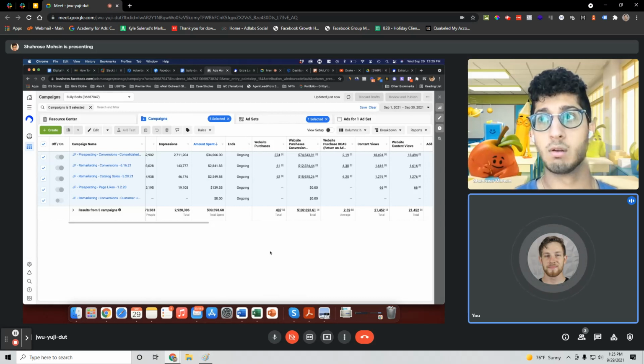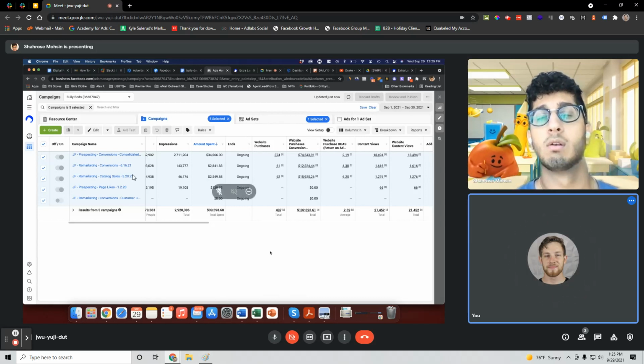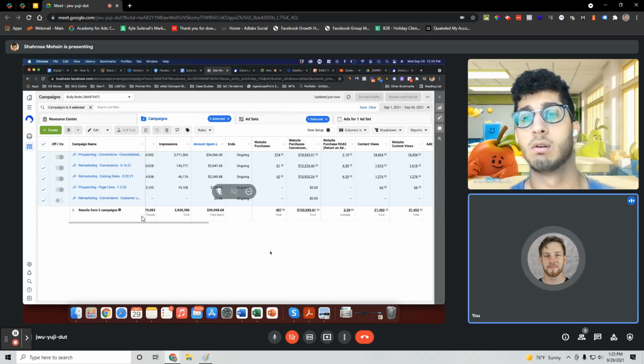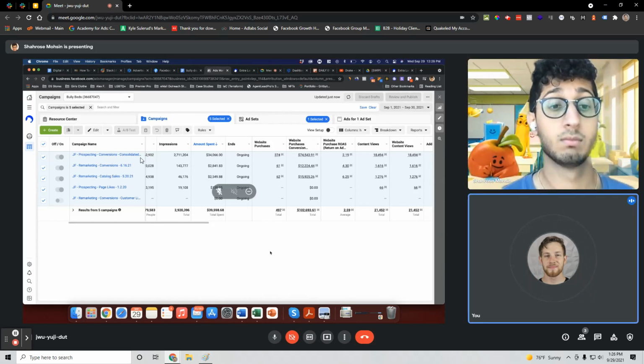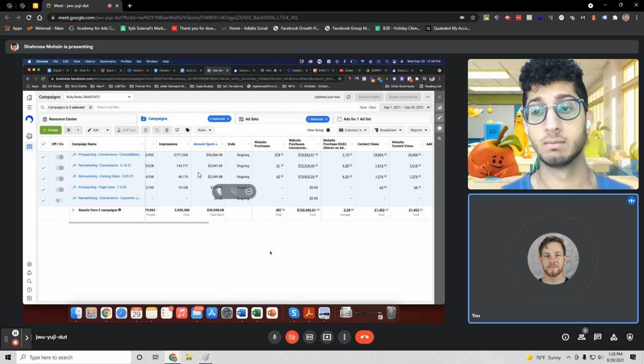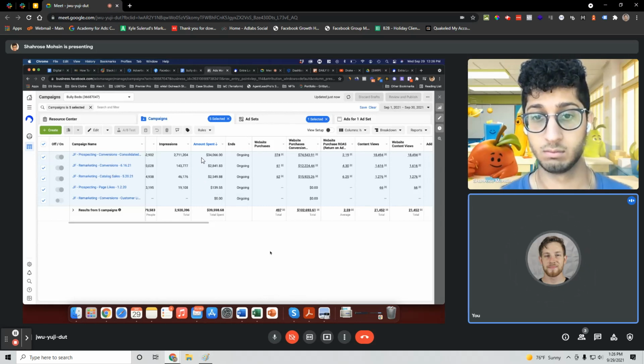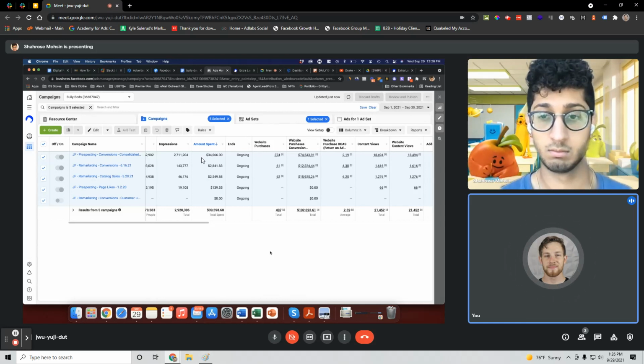What we have right now is a lot of retargeting campaigns and one cold traffic campaign. If I look at the amount spent, they are following a good structure where 70+% of their budget is going towards cold traffic. And it seems to be working well for them.